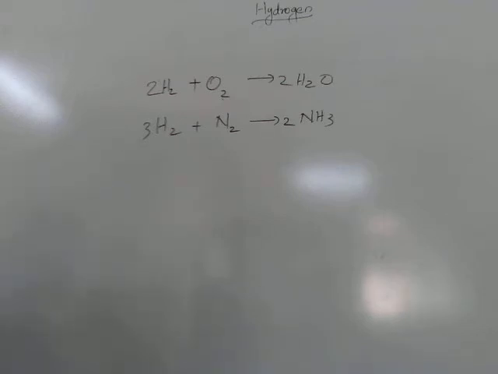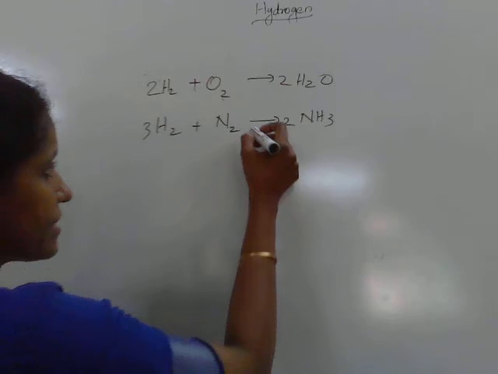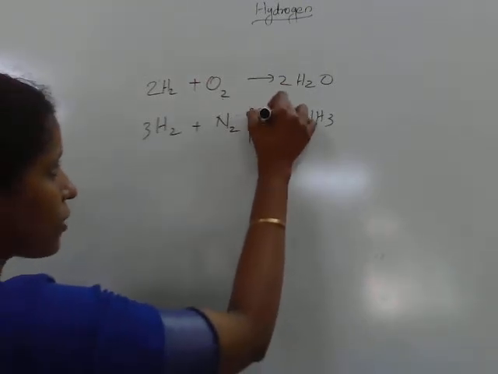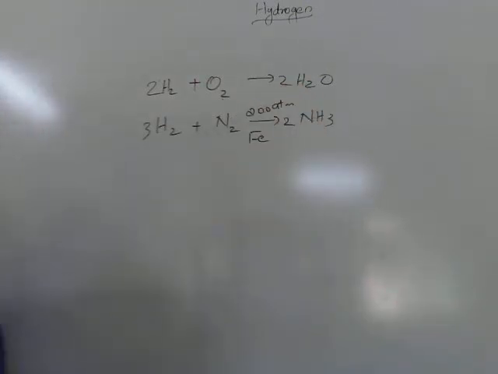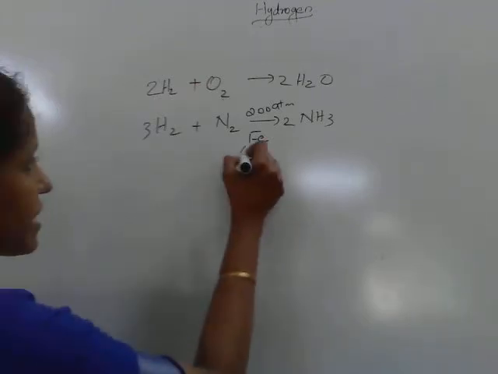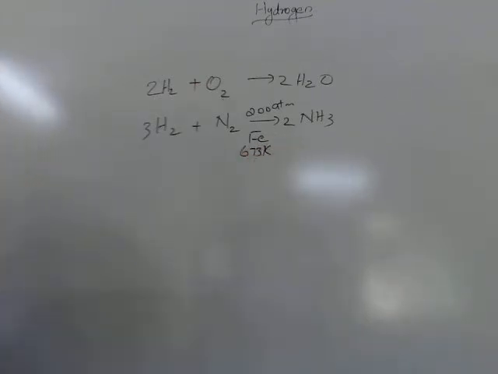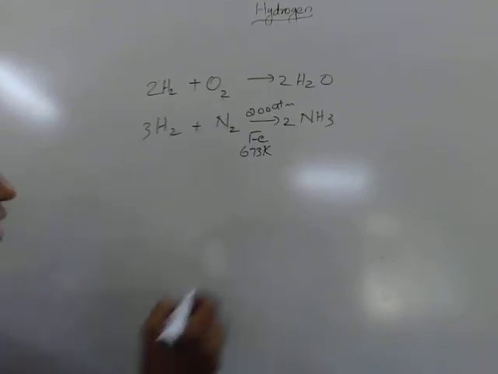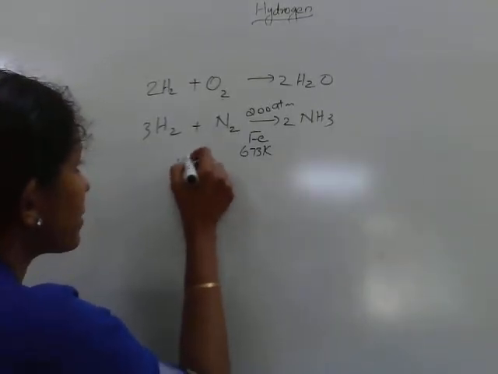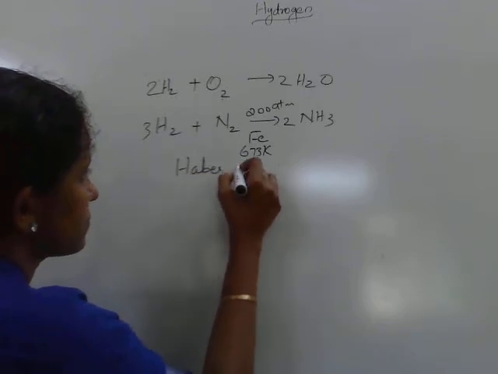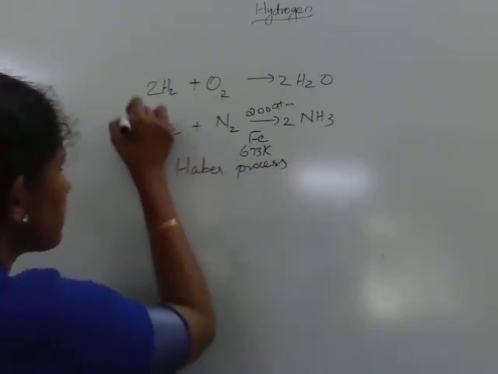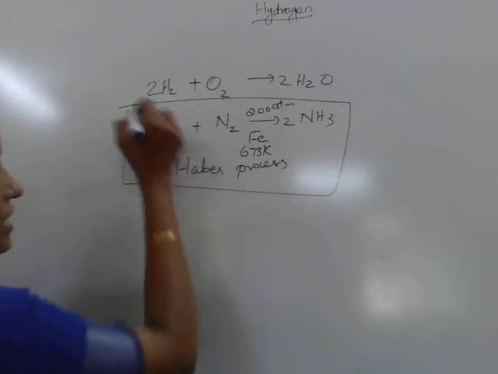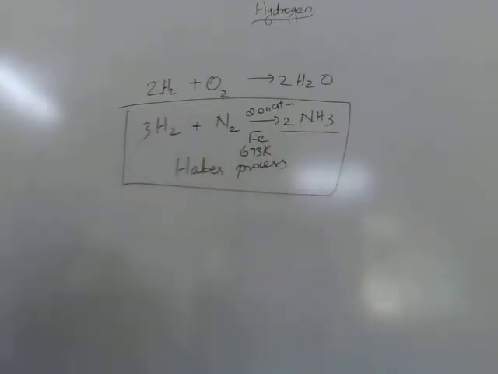This reaction needs the presence of a catalyst, iron, a pressure of 200 atmospheres and a temperature of 673 Kelvin. This is a very important process. This reaction is used in the manufacture of ammonia in the Haber process. Dihydrogen is used in the Haber process.